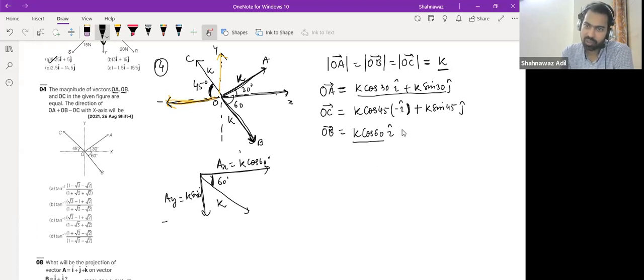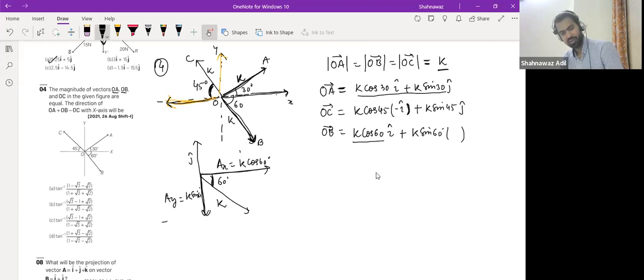So this would be K sin 60, and what would be the direction? This is J, so what would be the direction?